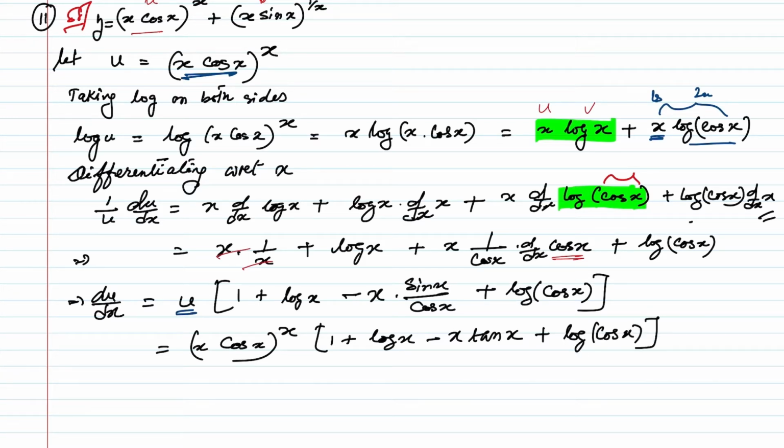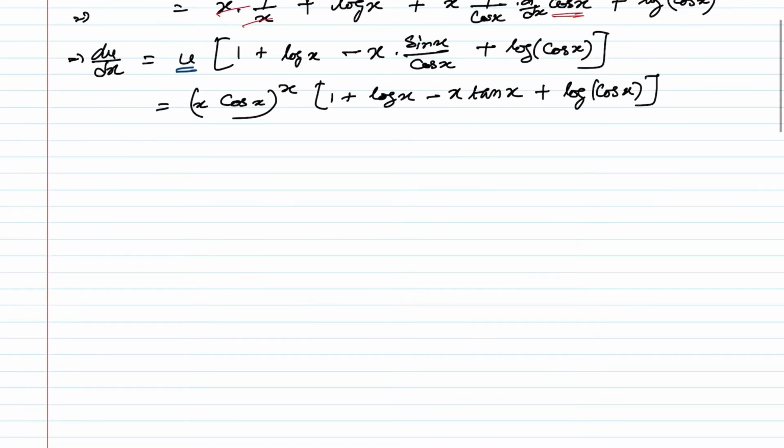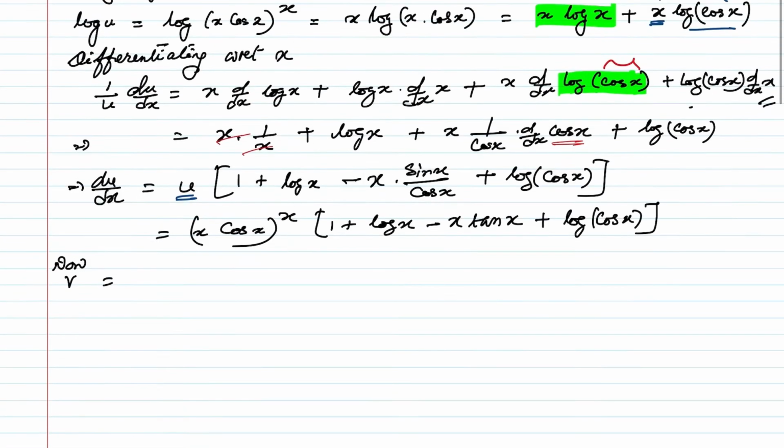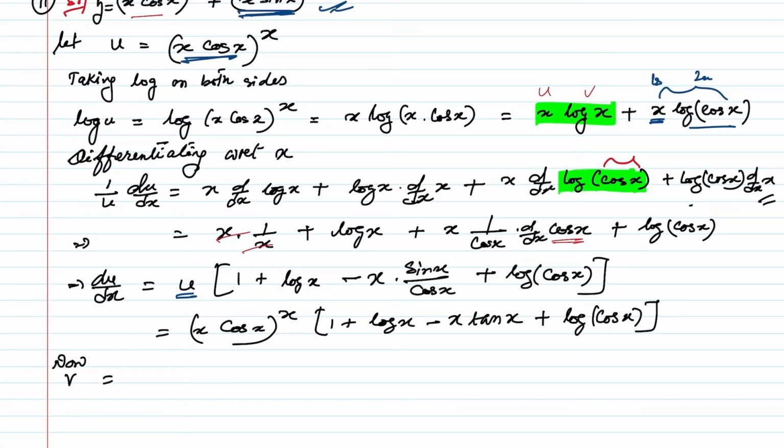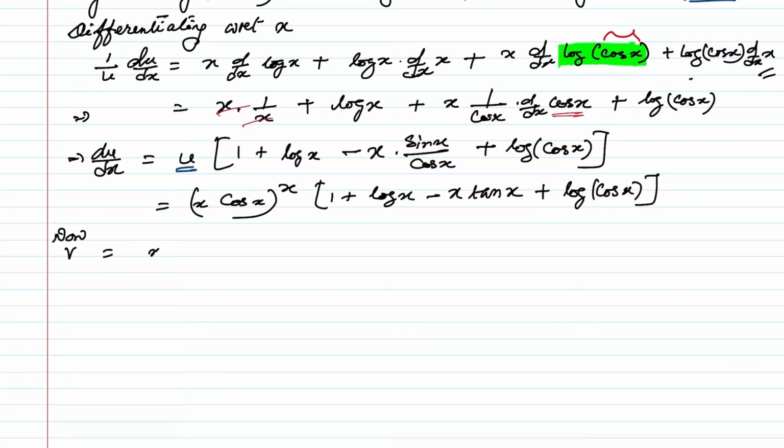So now let's take the second part as v. Here v is equal to (x sin x) to the power 1 by x.